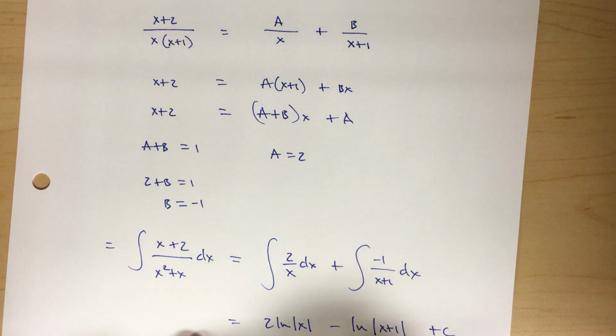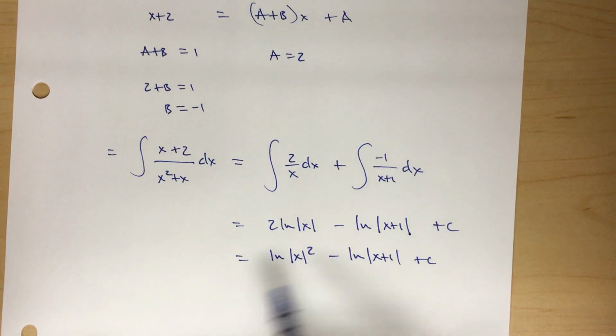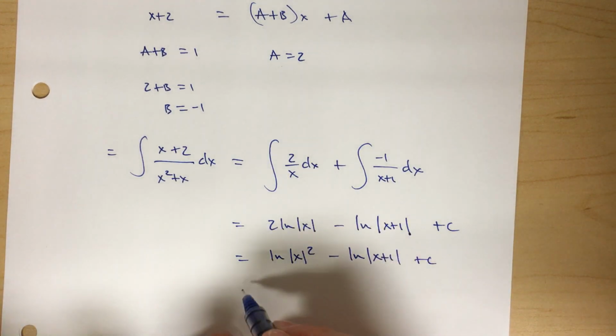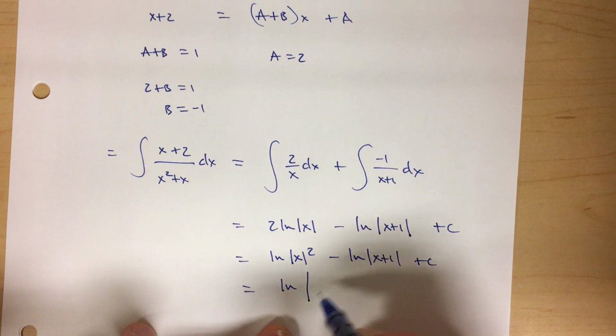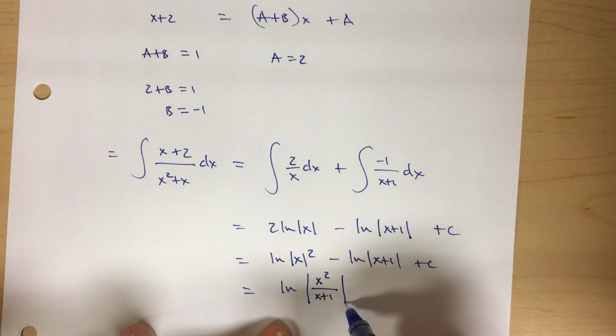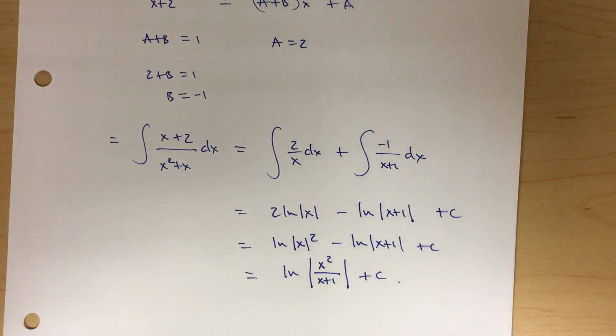And this is equal to ln absolute x squared minus ln absolute x plus 1 plus c. That's the power rule of logarithms. Multiplication becomes a power, which is now ln of x squared over x plus 1 plus c. So I can use the quotient property to write it in that way.